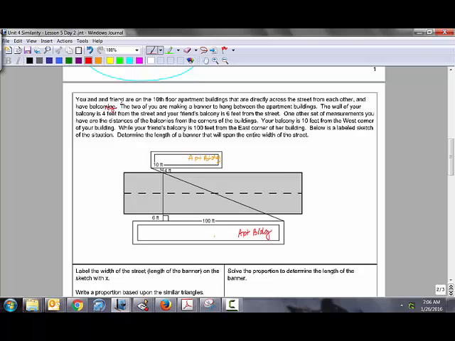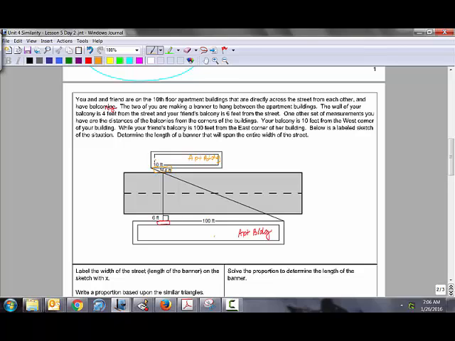The two of us are making a banner to hang between the apartment buildings. The wall of my balcony is 4 feet from the street, and my friend's balcony is 6 feet from the street. So this is where my friend's balcony is located, and this is where my balcony is located.